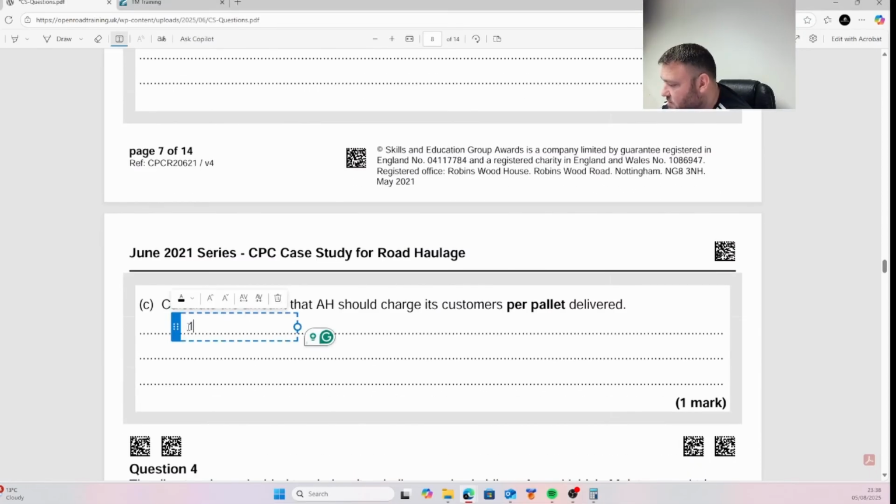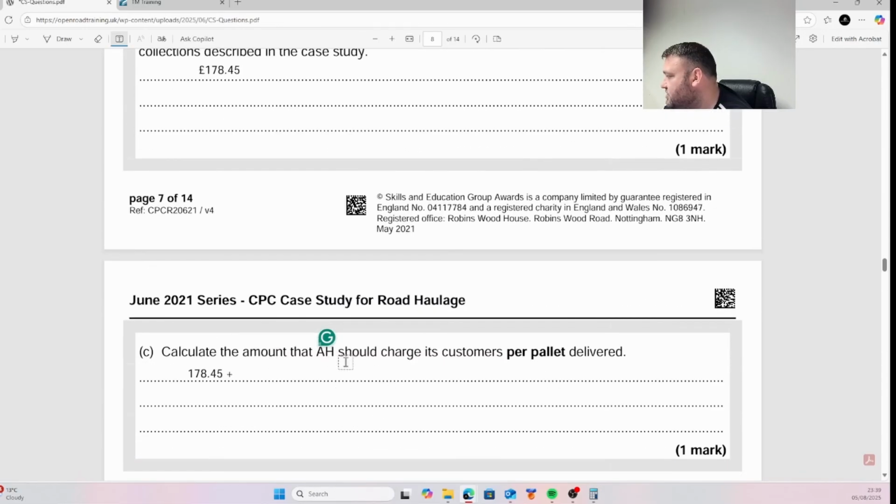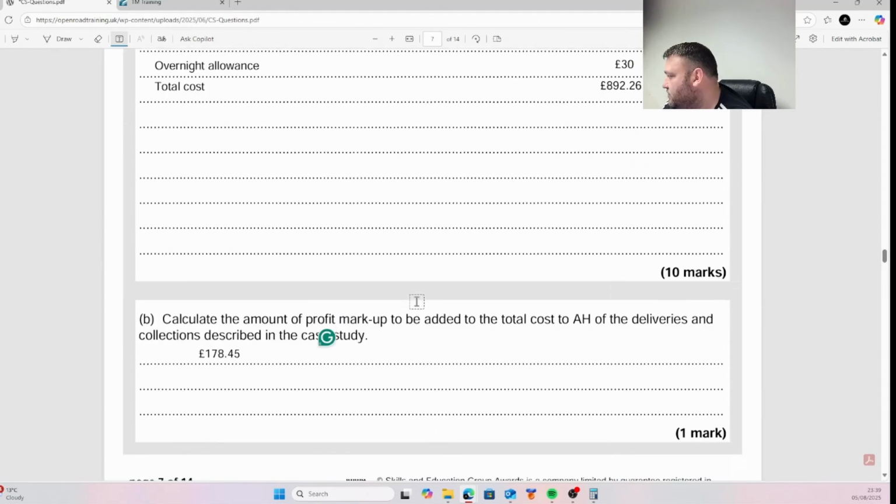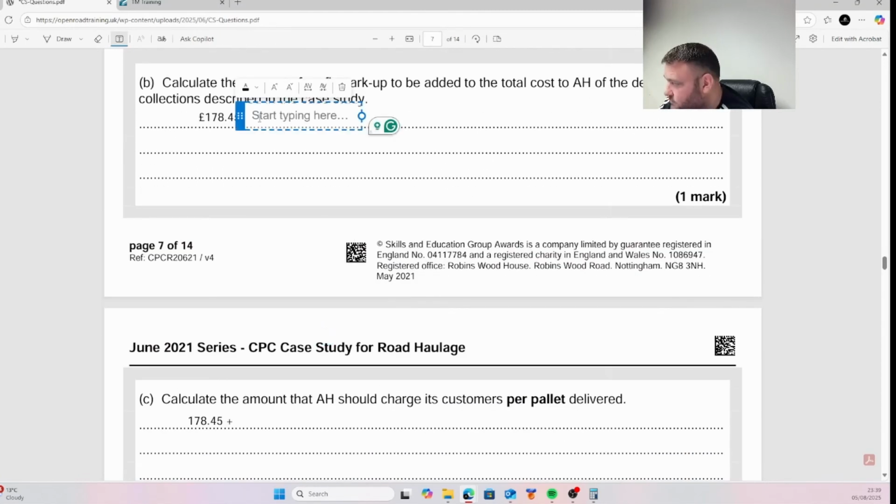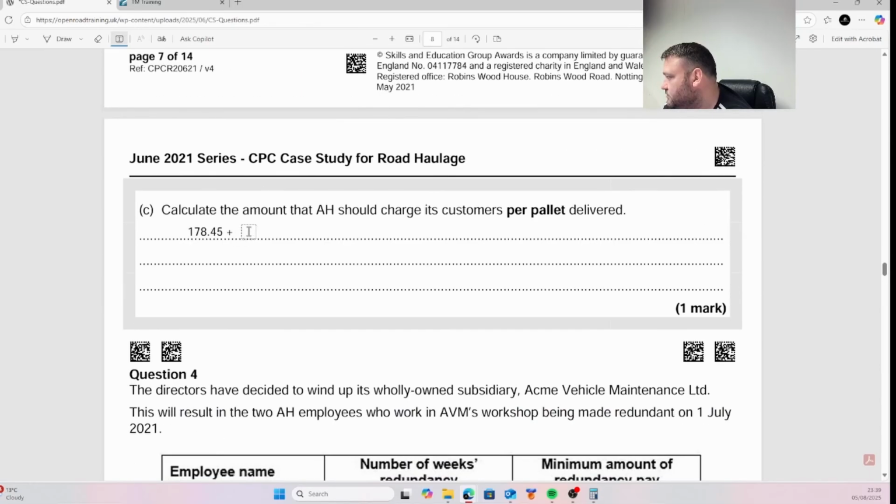Now you don't need to write this bit down because it's only asked us to tell you what the charge is. 892.26, and that is going to give us a figure of £1,070.71, and then we are going to divide that by the amount of pallets that we delivered.